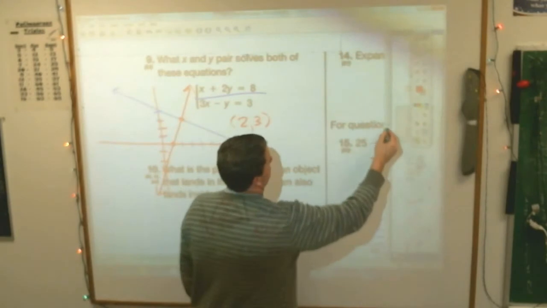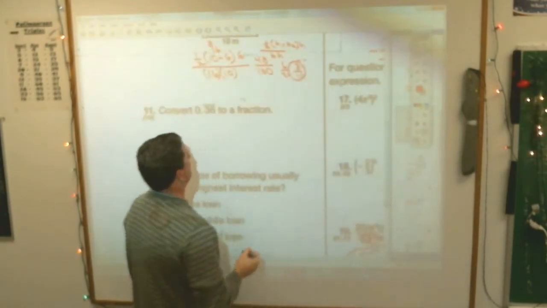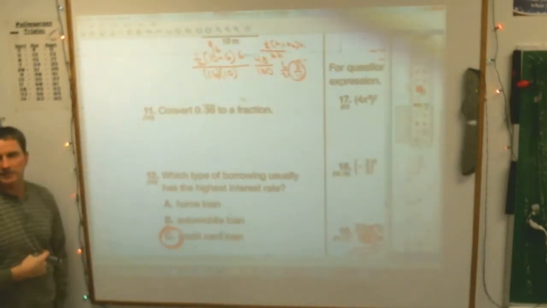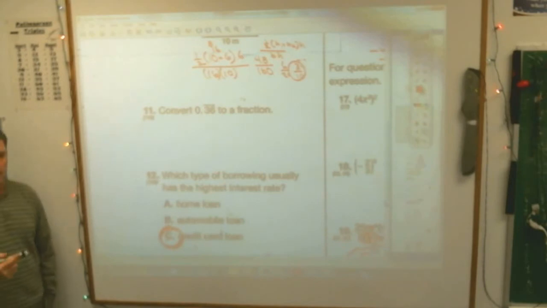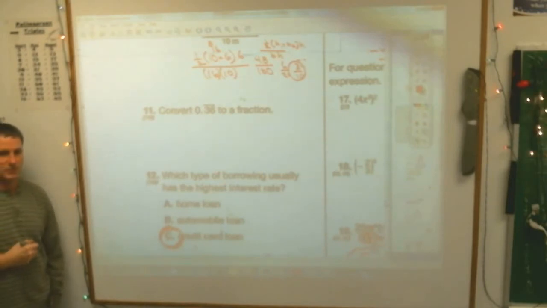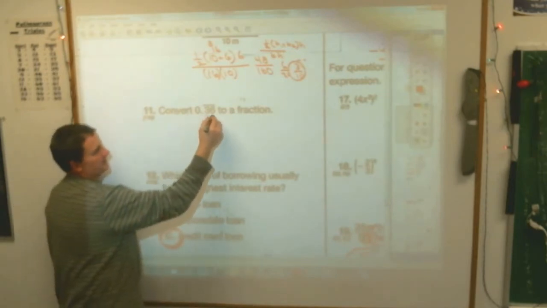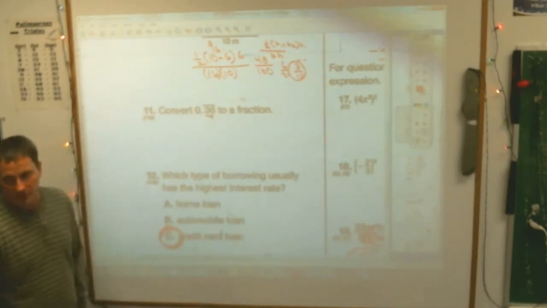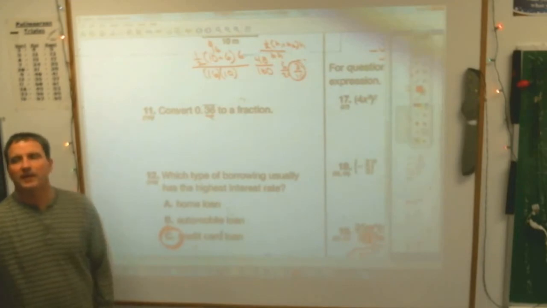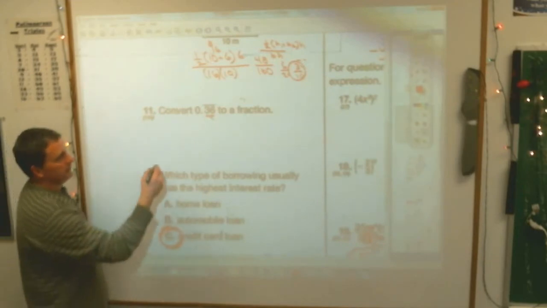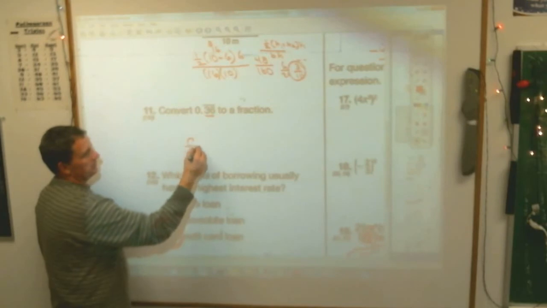Number 11. Oh, number 11. Convert, say it isn't so, say it isn't so. How many people got this one right? First thing to notice, Alexa, is there are two numbers that repeat. So you're gonna multiply by 100. But let's start first. First of all, you just take what you know.